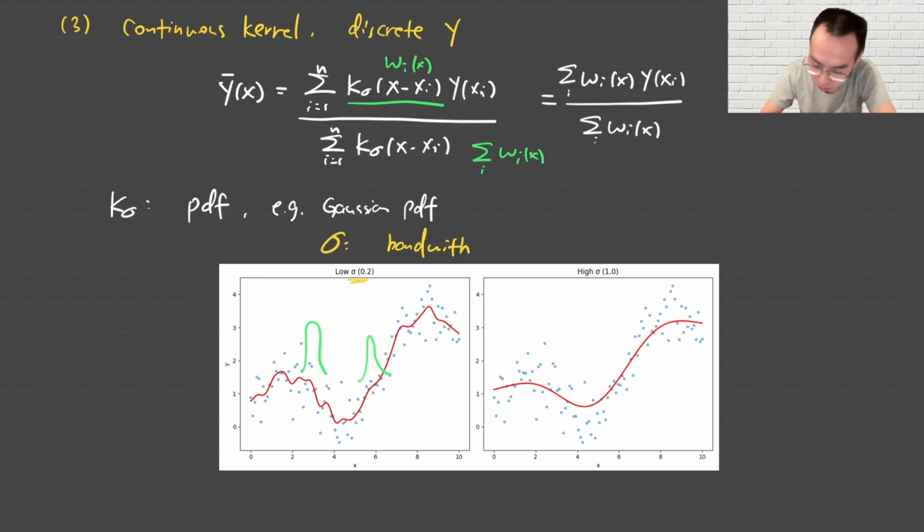When we use a larger sigma, we put more nearby points into the local averaging, so the curve we obtain is smoother with a higher bandwidth.